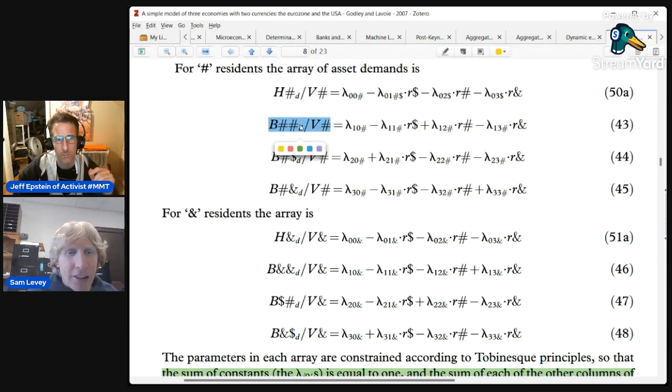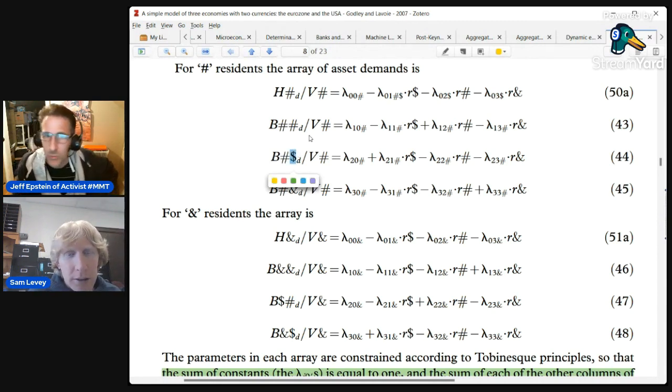Here, this is the fraction of your portfolio that's in bills issued by the government and held by people in that same country. And here we're looking at the residents right now. So this equation is telling you the fraction of their wealth that the residents would like to keep in the form of bills issued by the US government.